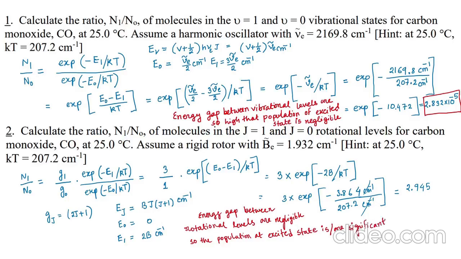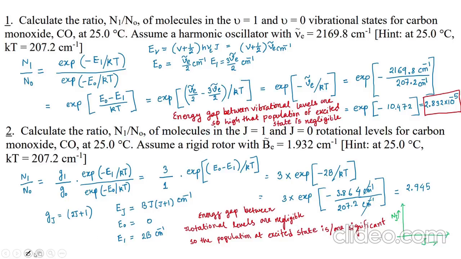right? And you already know that it will go through a maxima. First, it will increase at a certain temperature, I mean the population. So if I draw the curve, it will look something like this. This is rotational energy levels, and suppose this is population this way.